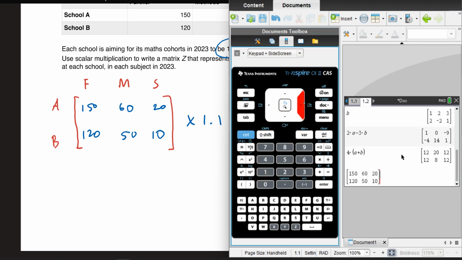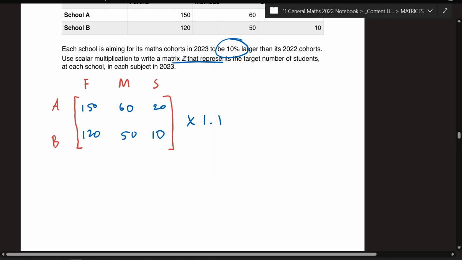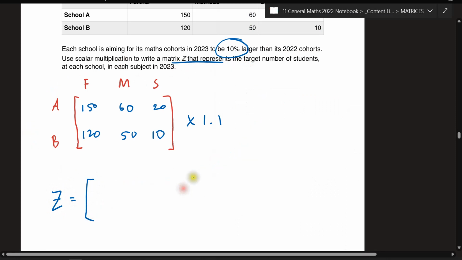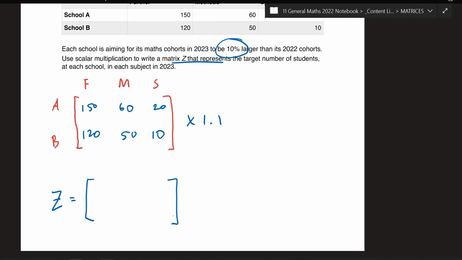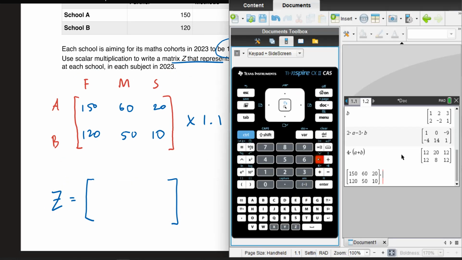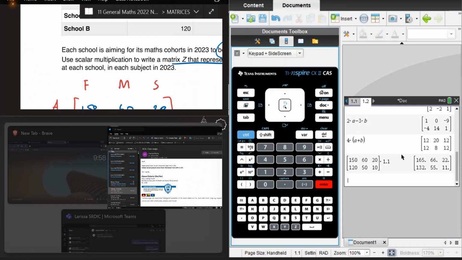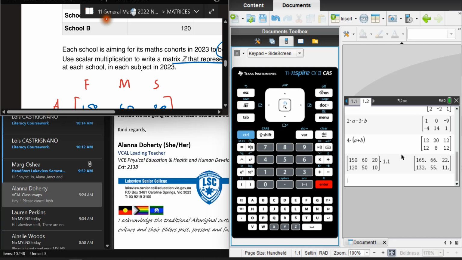Now I don't have to label it because it's just the one matrix, but remember it's asking us to make matrix Z. So let's just call this matrix Z. So I have to multiply it by 1.1. And there's your answer. So we multiplied that matrix by 1.1. That's what we did.